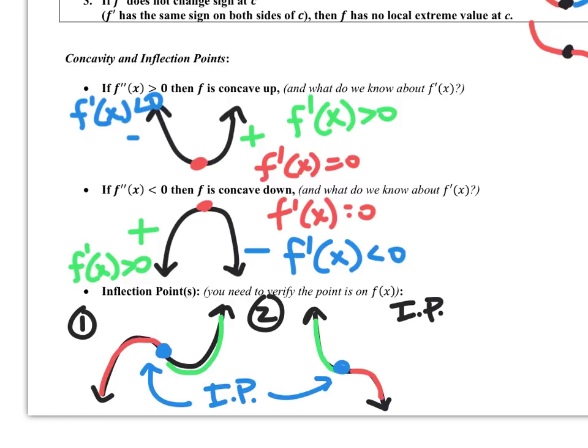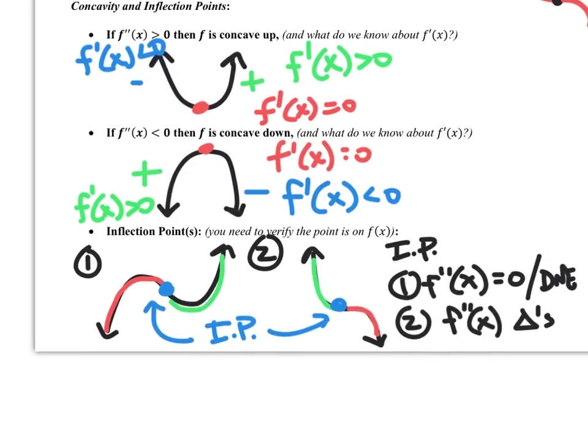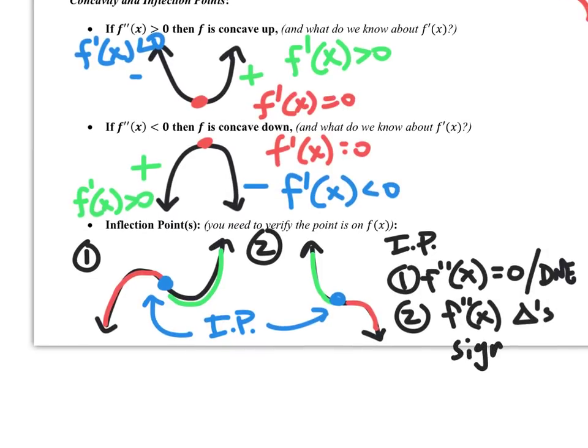The first requirement is that f double prime of x, whatever x value we're looking at, needs to either be 0 or not exist. The second requirement is that f double prime of x changes sign on either side of that point x.